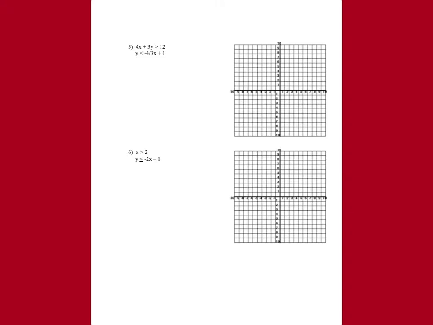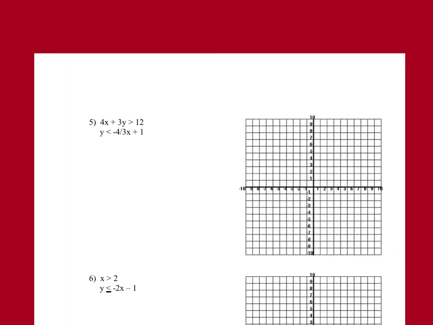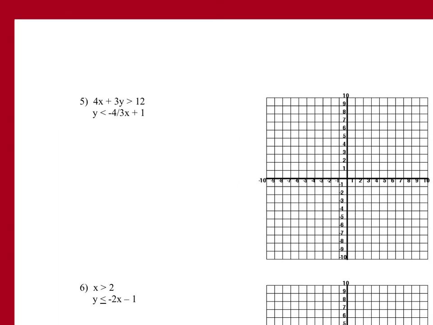Last 2 graphing? Okay. Go ahead and try these with the partner as well. All right, so first one, is that in a form that I can graph? No. How do I get this in a form I can graph?